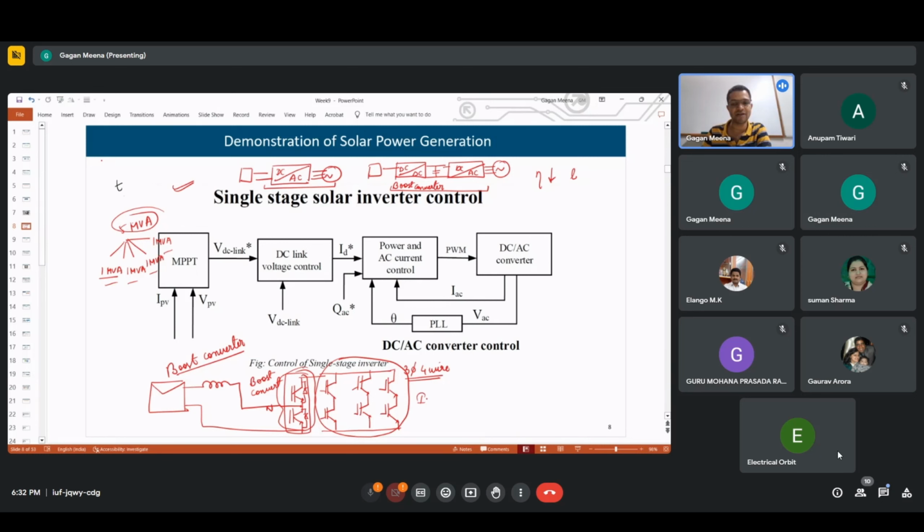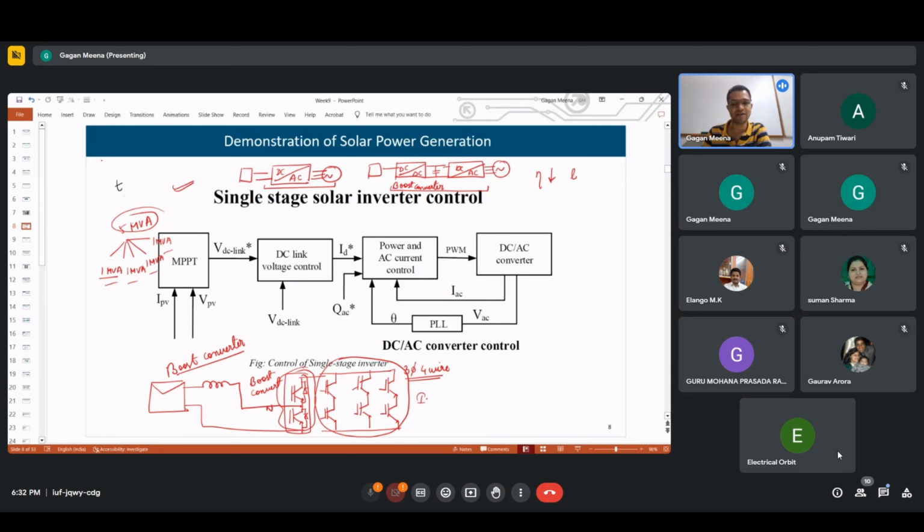Sir, why are you not using a synchronous generator instead of an induction generator? Another option for this: there are four types of generators for wind generation systems, type 1, type 2, type 3, type 4.